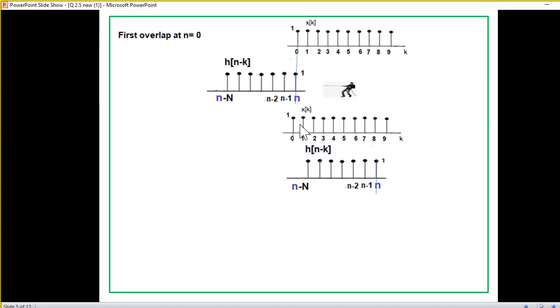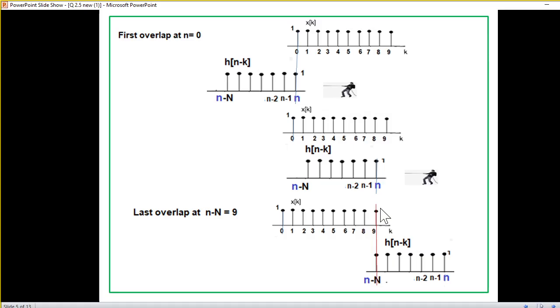And let's say this is one intermediate point where the signal is now inside the x[n] signal. We'll further move it till we get to the last overlap. So this is the last overlap, and this is occurring at n minus N equal to 9.